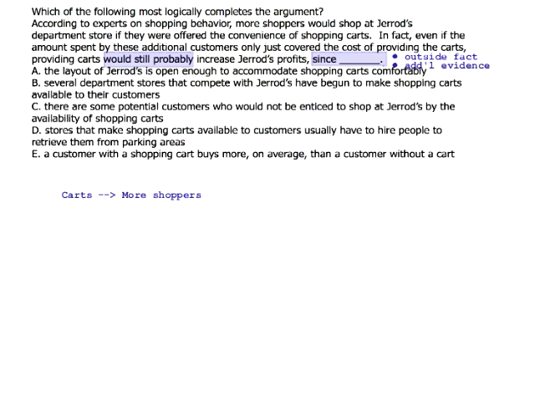But then, if the amount only just covered the cost of providing the carts, the point here is that this amount will not do what?